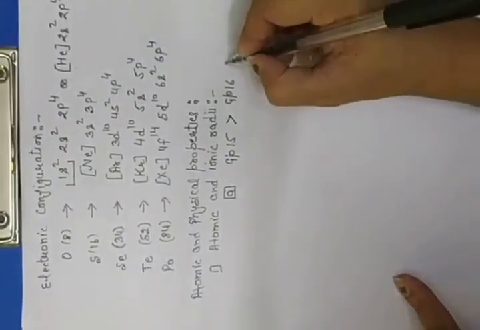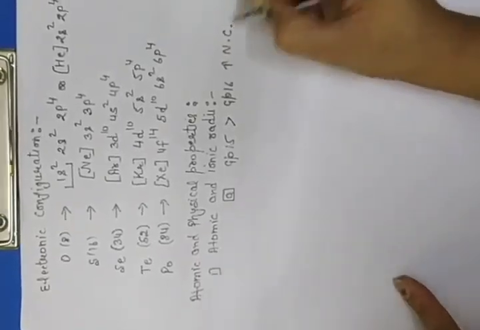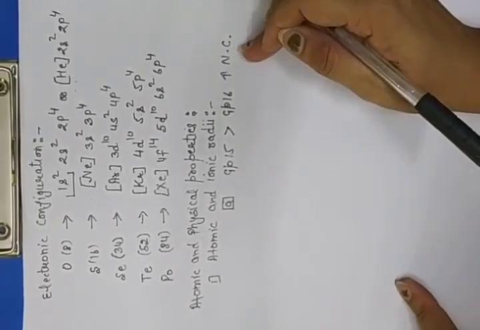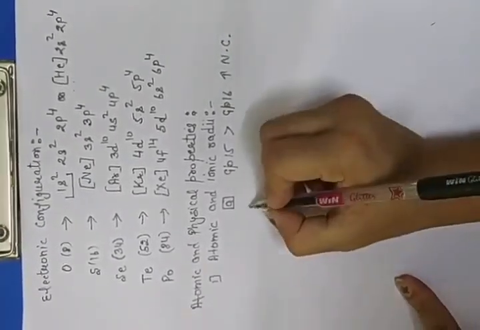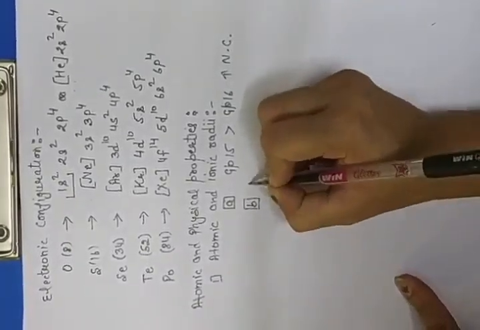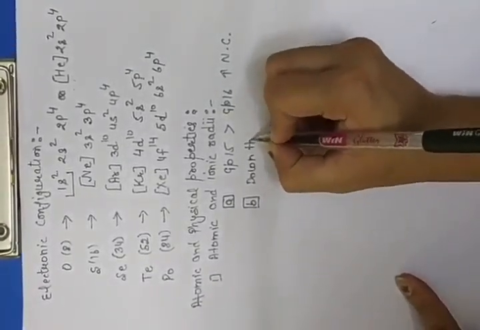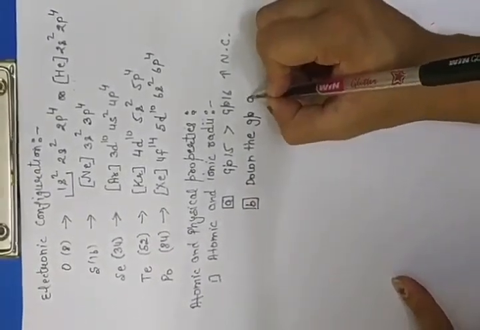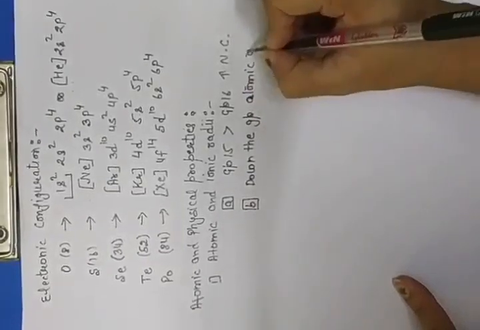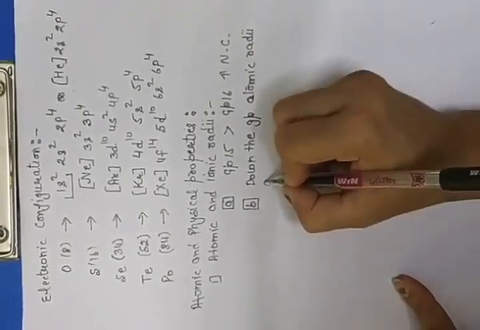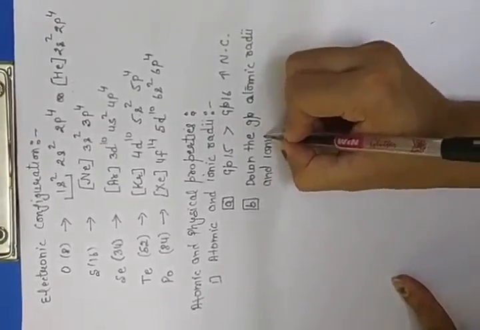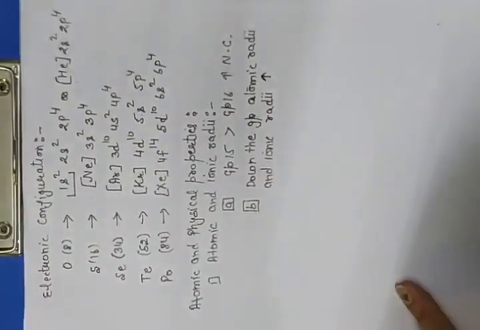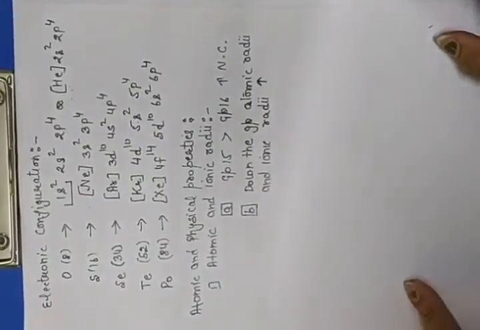Due to the increase in nuclear charge, the attraction of the nucleus on electrons increases, which decreases the size. Next, down the group, atomic and ionic radii both increase as the incoming electron enters a new shell.